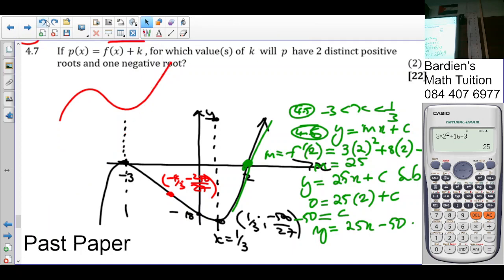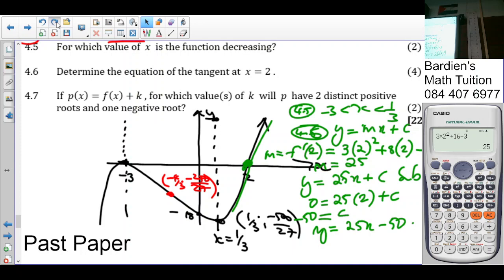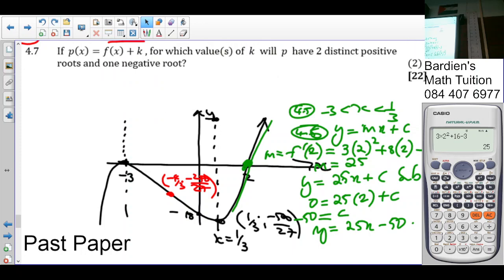Okay, and then the last question, 4.7. We are told if p of x is equal to f of x plus k, for which value or values of k will p have 2 distinct positive roots and 1 negative?